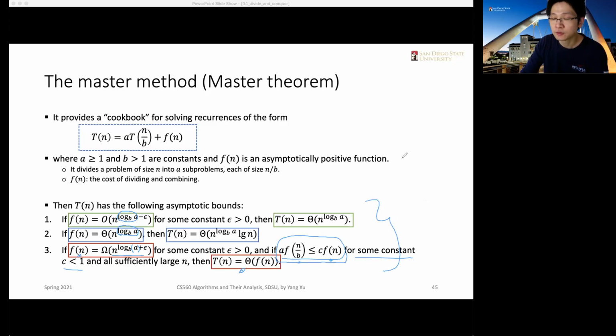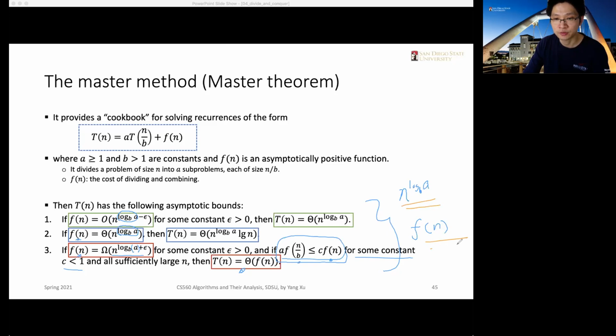As we can summarize by glancing at these three conditions, there are several key quantities that we are comparing. First of all, the polynomial function n raised to the power of logarithm base b of a, and the function f of n. Essentially we are comparing these two functions.